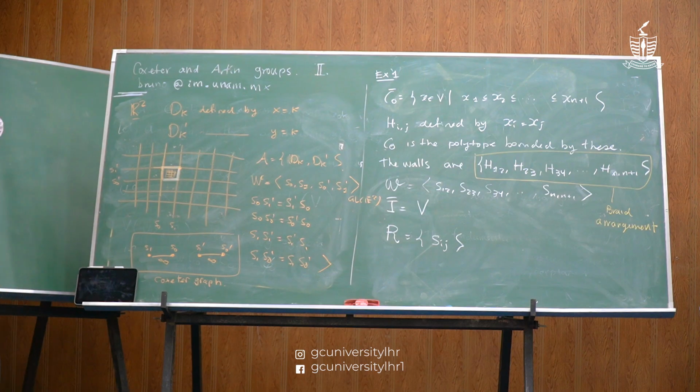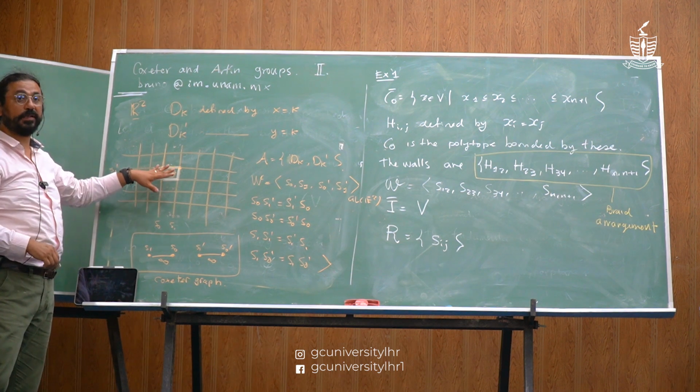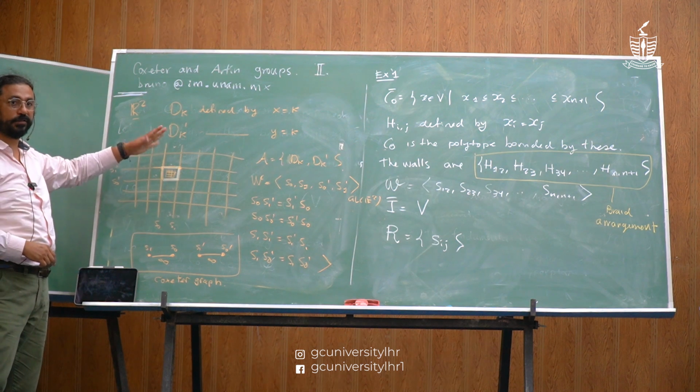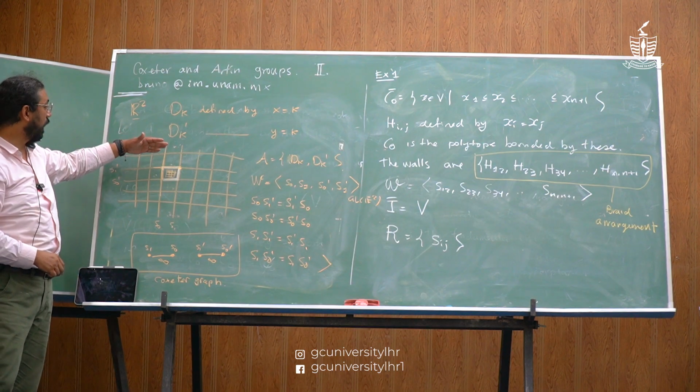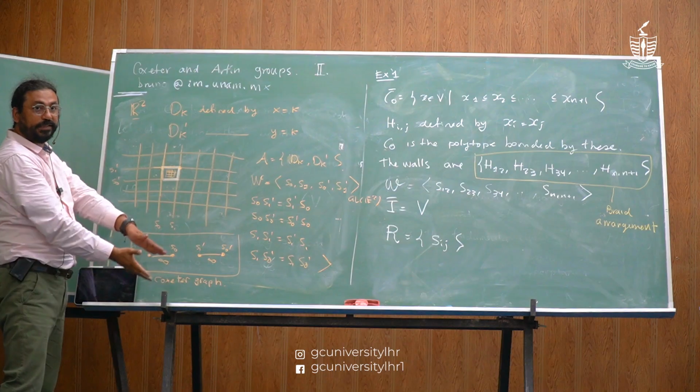Okay. So for this example there will be an exercise, and the exercise will be to find all the different kinds of elements that we have in this. Of course we have already the reflections. If we compose this one with this one, we will have a translation.